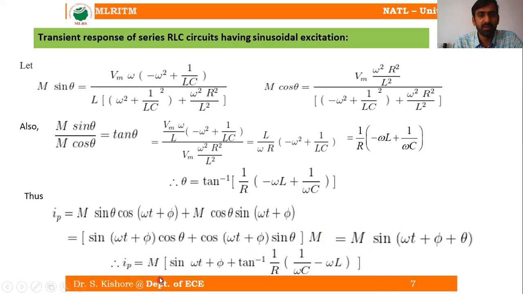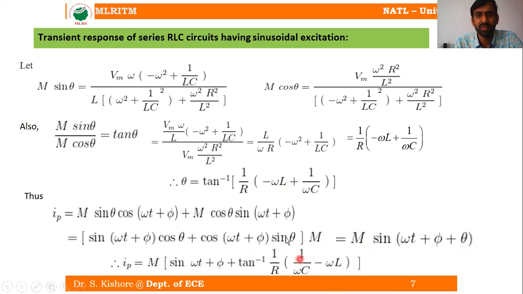So IP is equal to m into sin(omega t plus phi plus theta). This is the IP value, right? What is this theta? Theta is equal to tan inverse of 1 by r into minus omega L plus 1 by omega c.